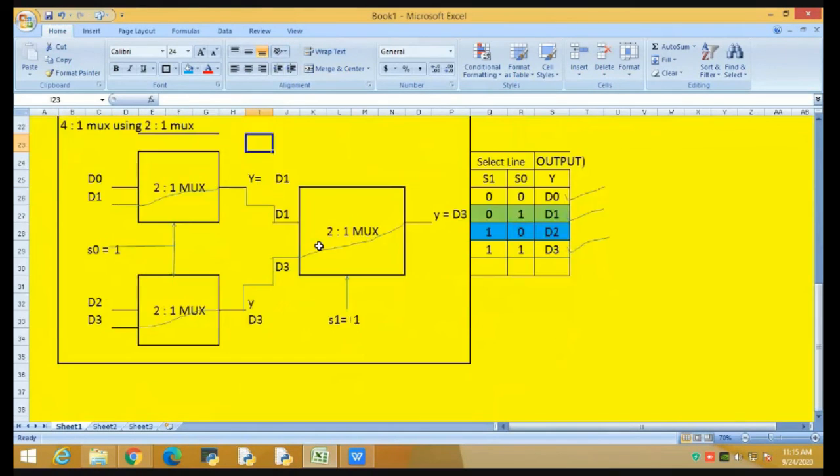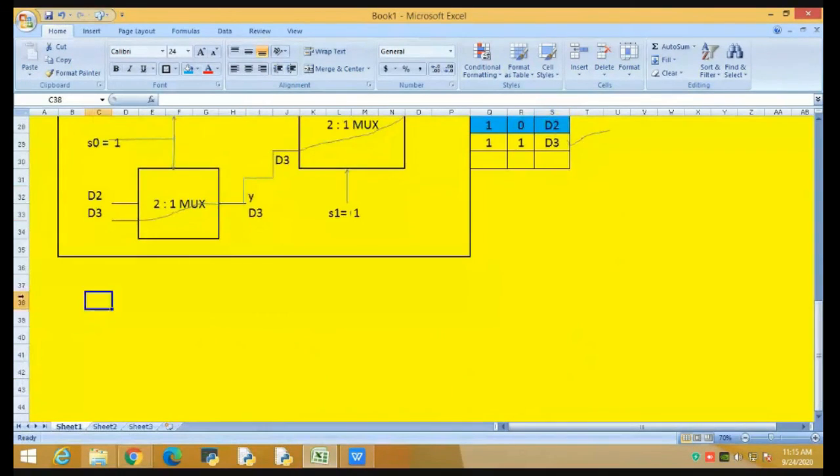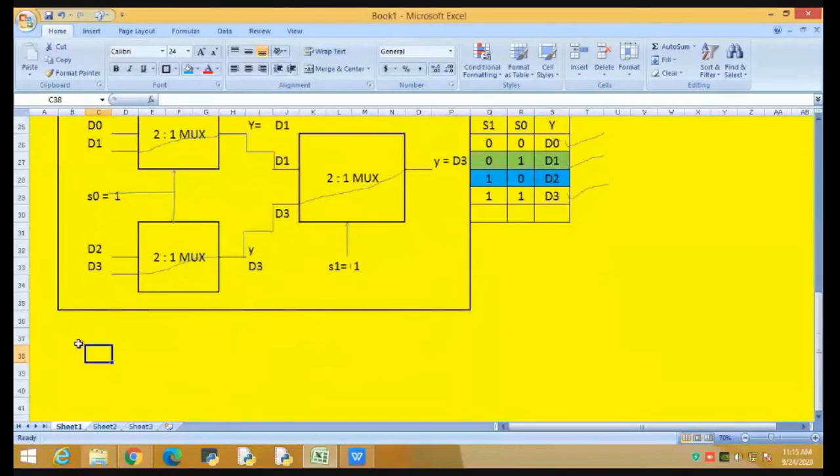Are you able to understand this part? Yes, sir. Okay. Your homework is to implement an 8 to 1 mux using 4 to 1 mux.